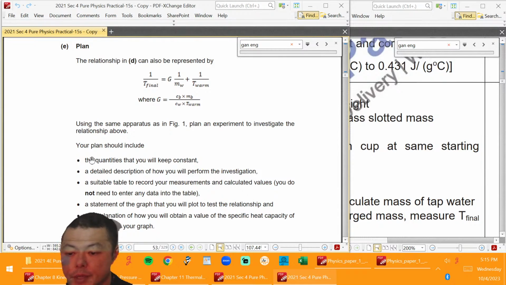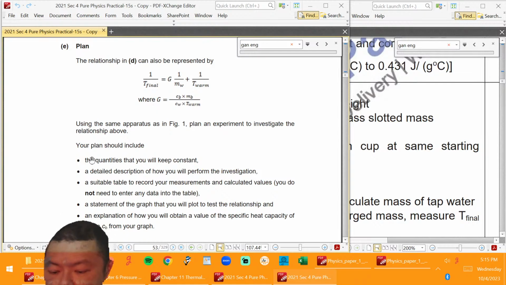Then we work it out. What in the world? Okay lah, can lah. It's just a matter of what to plot, right?